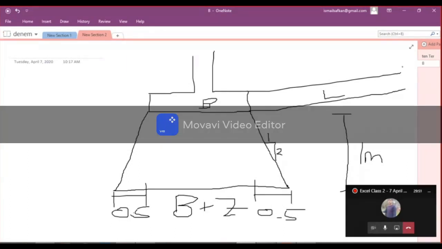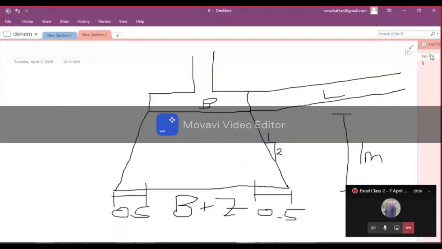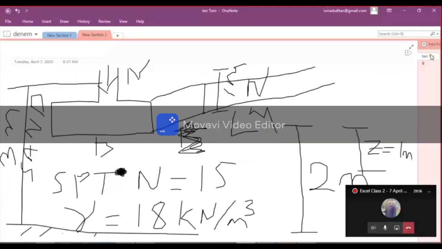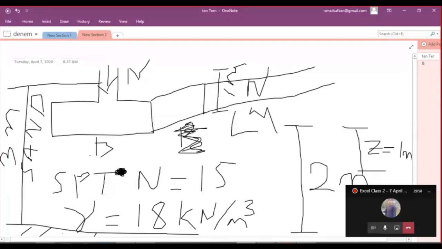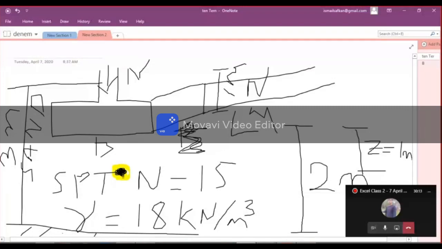Why I did this is that the total thickness of the sand was 2 meters. So I need to calculate the stress at the middle of your sand. So I'm interested in the middle.